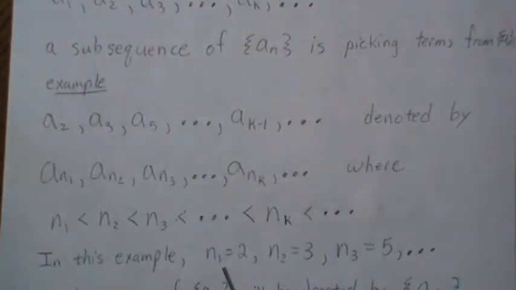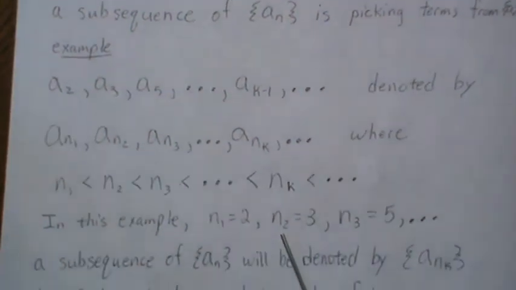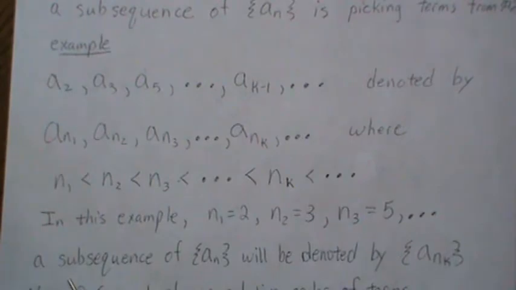So in this example, n_1 was 2, n_2 is 3, n_3 is 5, and so this is how we're generically going to build subsequences. Again, generically, a subsequence of a_n will be denoted by a_{n_k}.